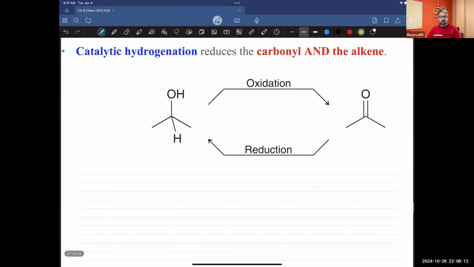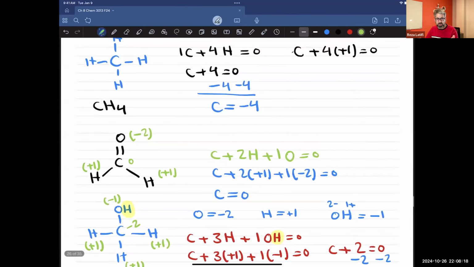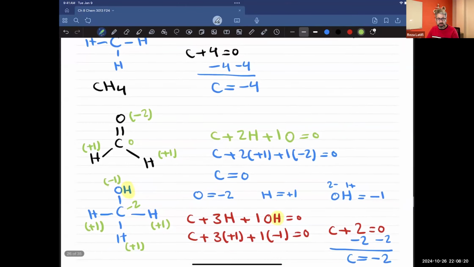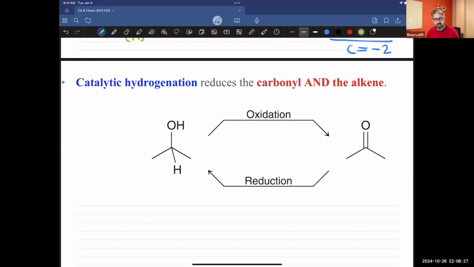Now, we said carbon is capable of having different oxidation numbers, as you see, -4, 0, or -2. So the oxidation number of carbon keeps changing, and it means we can actually oxidize or reduce carbon.